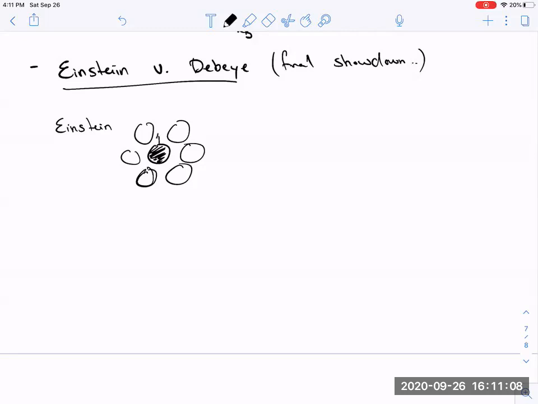And that particle would undergo small displacements around its equilibrium position, essentially localized fluctuations in this solid. And so he assumed that every particle vibrated in some cage.